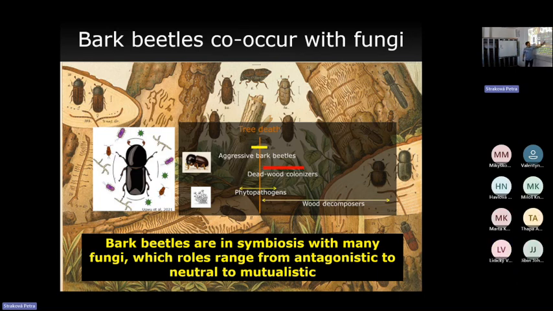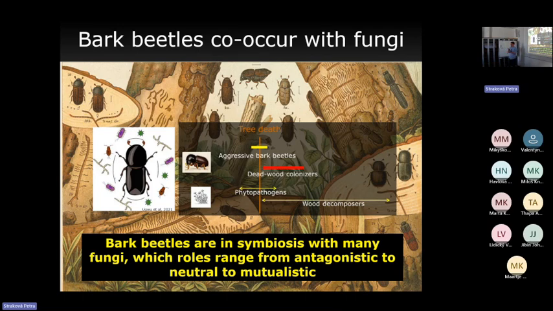And so at the same time, when you look at these trees, you also find phytopathogenic fungi together with these aggressive bark beetles, or wood decomposing fungi with the deadwood colonizers. So actually what that means is, from the beginning, bark beetles and fungi are actually preferring the same habitats, and so they are in very close contact typically. So you can say they are in a symbiosis in a broad sense, so not necessarily being good for the bark beetles, but they are in a symbiosis with many fungi, which both range from antagonistic to neutral to mutualists.